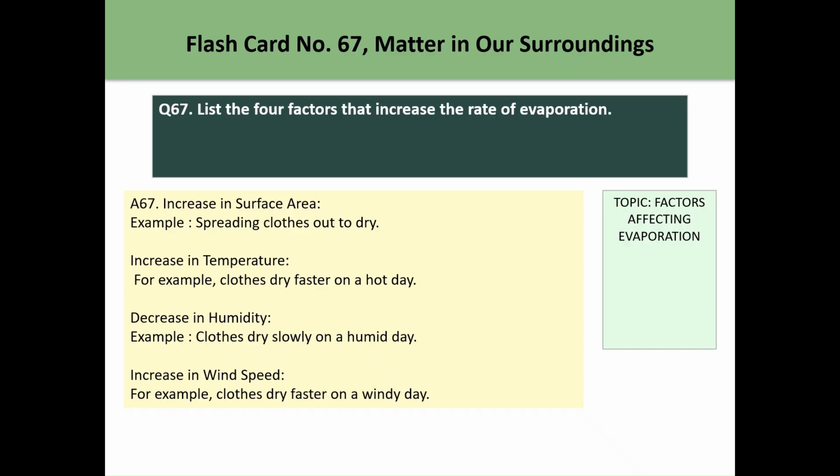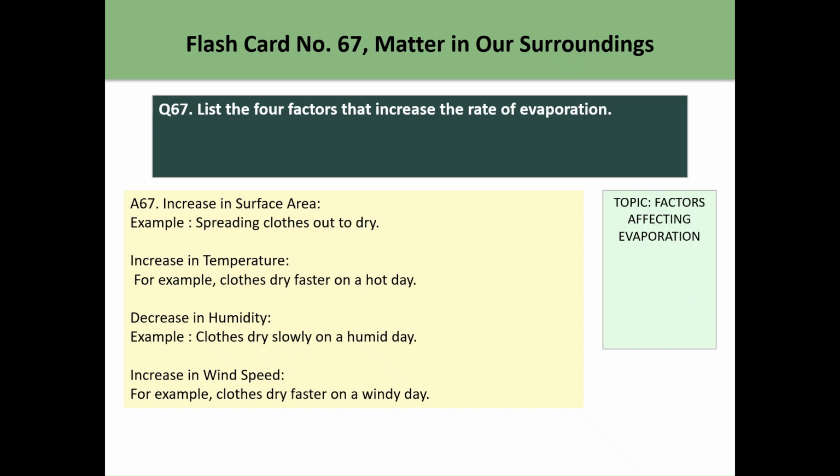Increase in surface area, example: spreading clothes out to dry. Increase in temperature, example: clothes dry faster on a hot day. Decrease in humidity, example: clothes dry slowly on a humid day. Increase in wind speed, clothes dry faster on a windy day. You can remember this like STHW: surface area, temperature, humidity and wind speed.